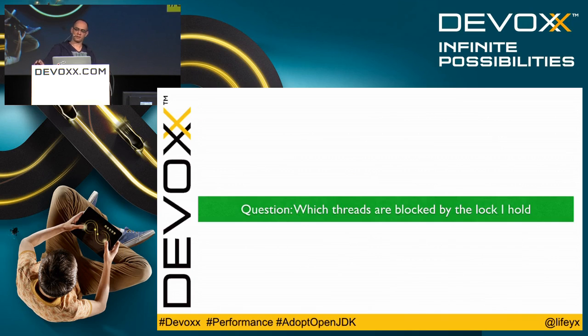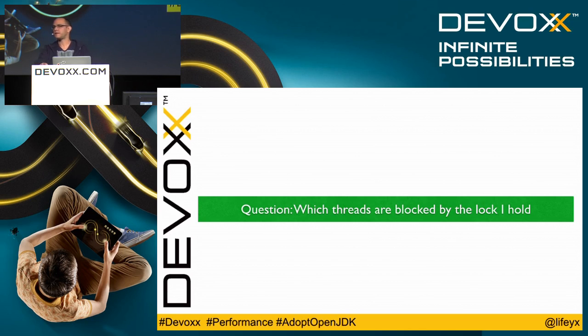And going back to some kind of locking and concurrency issues, if, for example, I have a thread and it blocks other threads, and I want to understand which threads are blocked, of course, I can take jstack, and with jstack I can find the threads that are waiting for a certain lock.